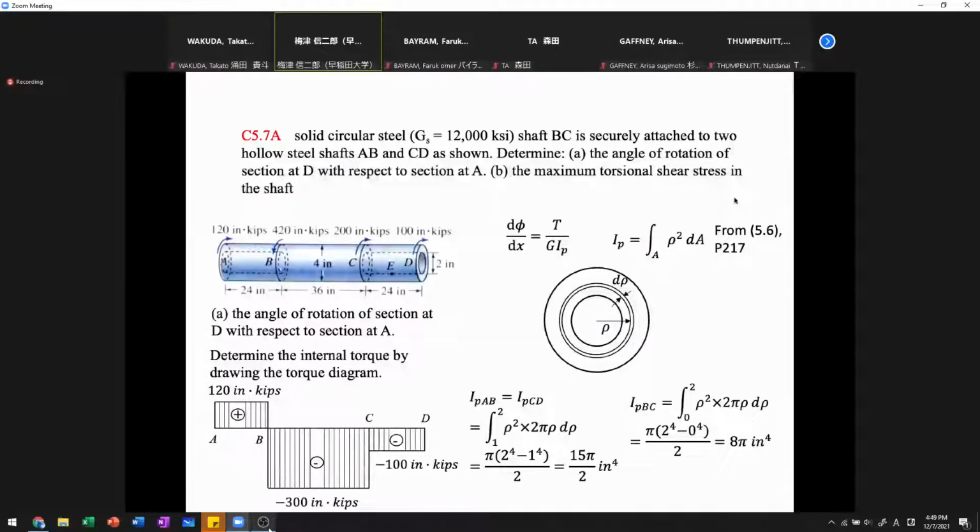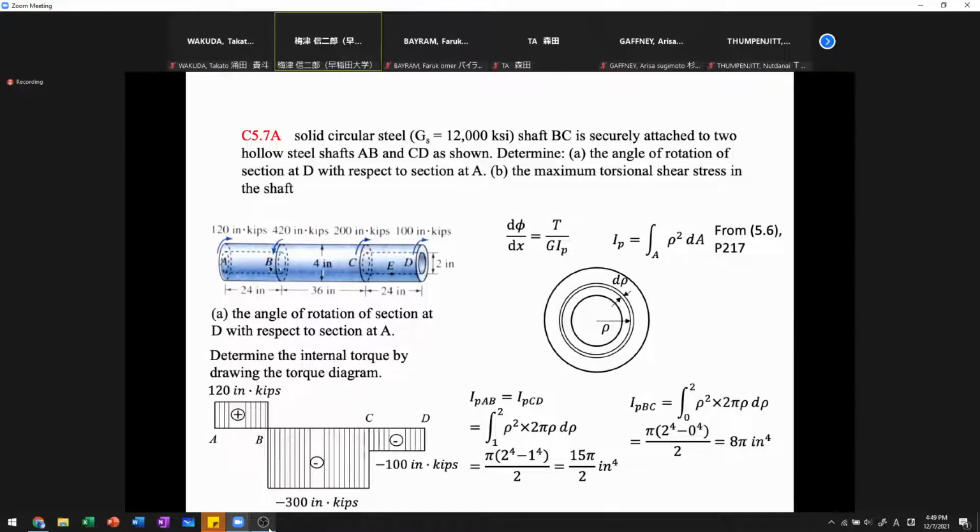I'll give you a hint on A. In fact, the equation should be used to get the angle of rotation.